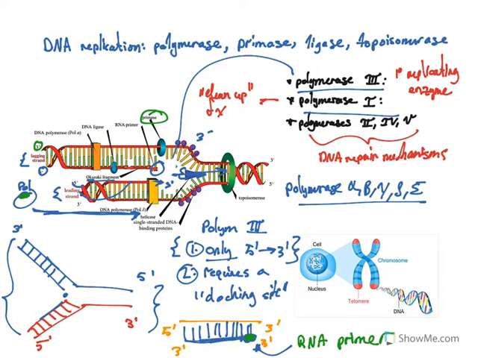And this replication is moving from the 5' end to the 3' end, since it's anti-parallel to the template strand. Well, in this case, we're moving 5' to 3', the polymerase can just move normally, no problem. However, the issue results in the other direction.